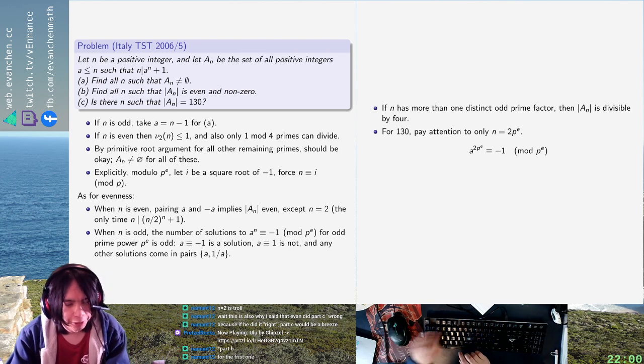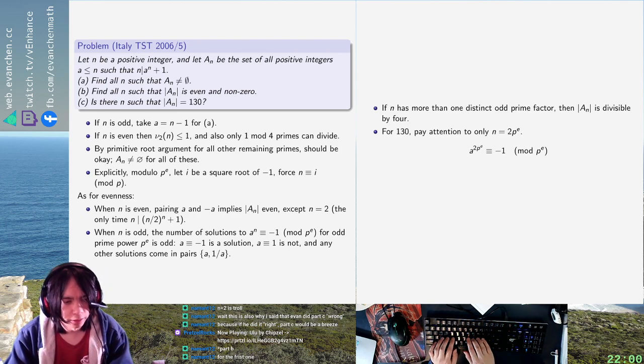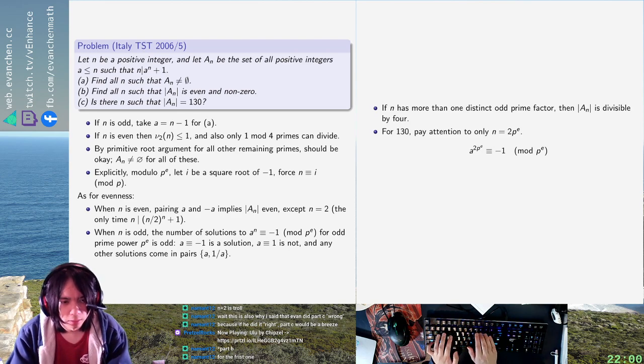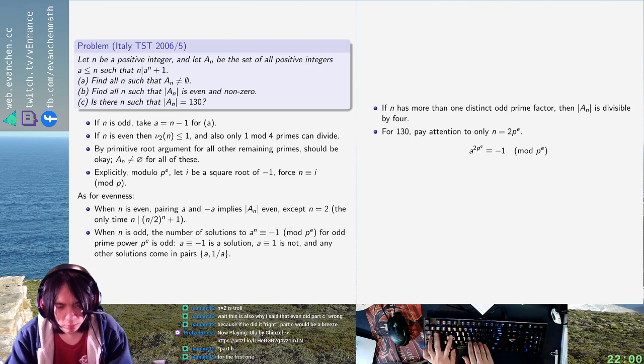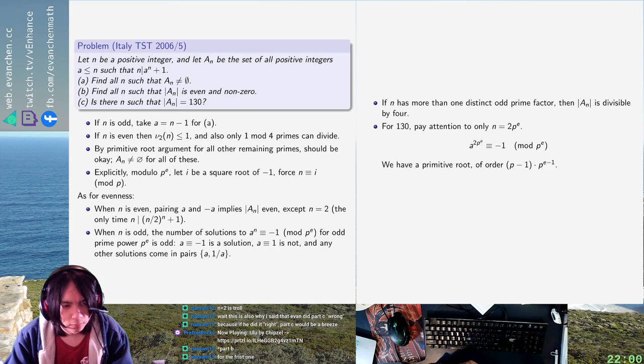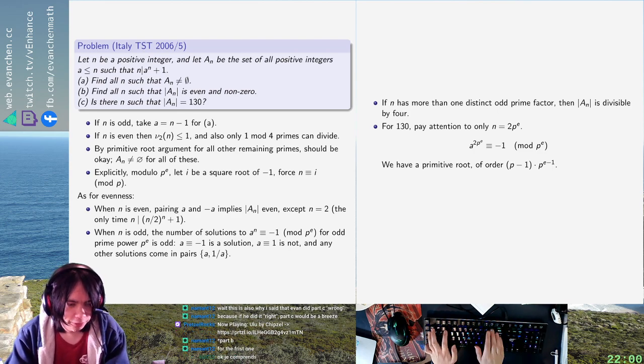Okay, anyways, where was I? Okay, so cycles, we have a primitive root of order p minus 1 times p^(e-1). So there are 2p^(e-1) solutions.